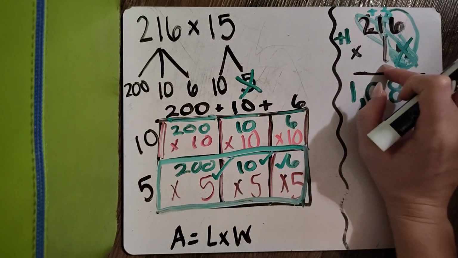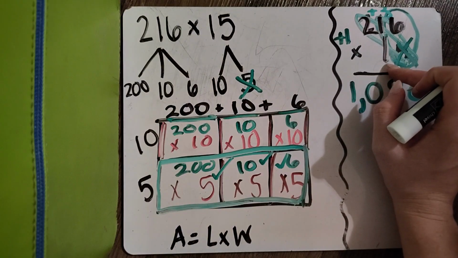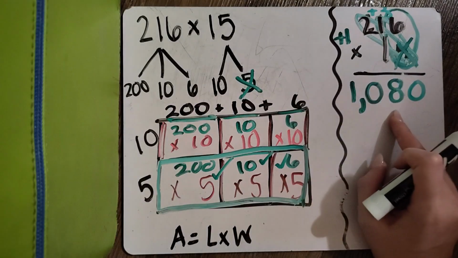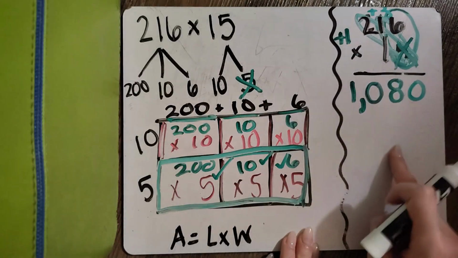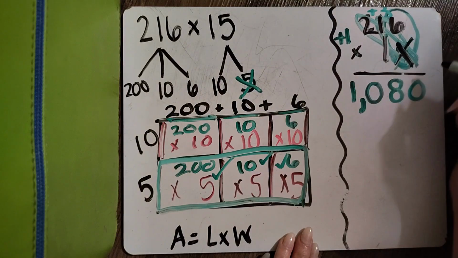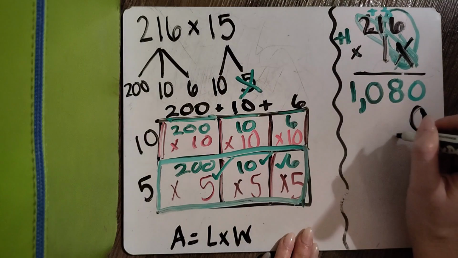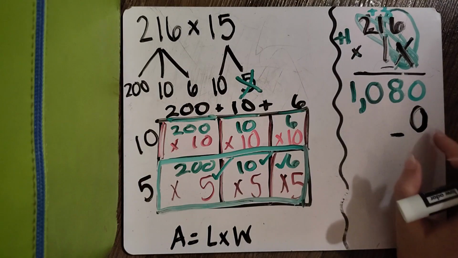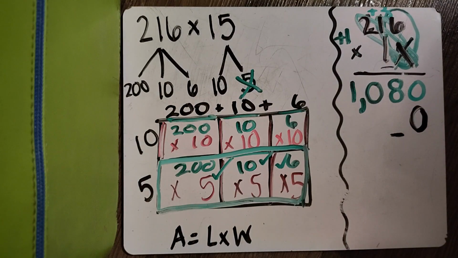I have my 110 left to multiply. So since I'm starting with the tens, I need to make sure my other partial product starts in the tens. So I'm done with these 5 ones, and I need to start in my tens. That's why we put our 0. And now we can finish the rest of our equation.